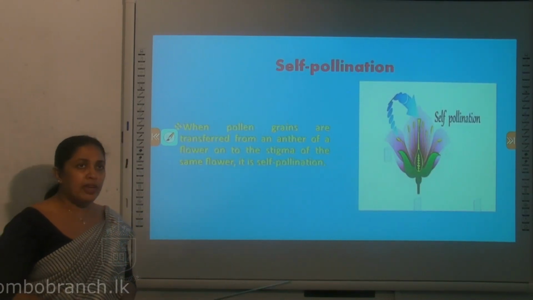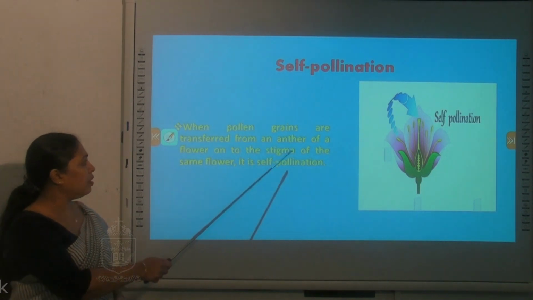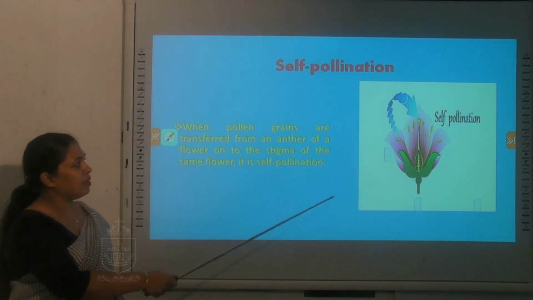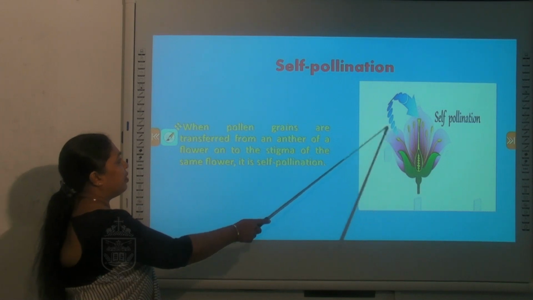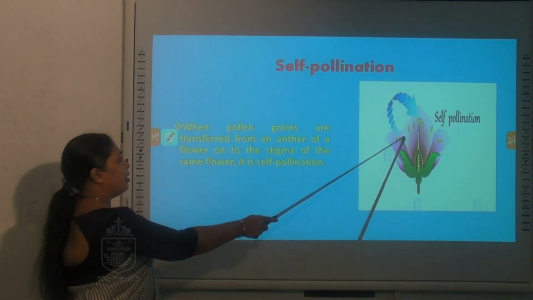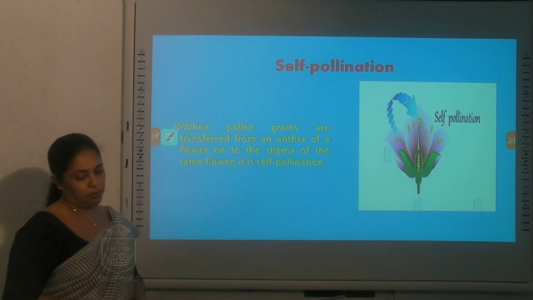If we define self-pollination, when pollen grains are transferred from the anther of a flower to the stigma of the same flower, it is self-pollination.